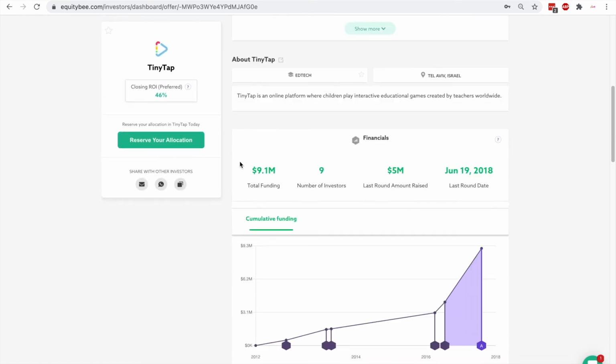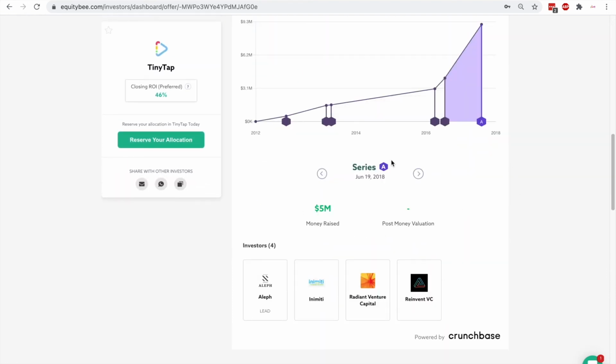And obviously you can see more about the financial aspects. They raised so far $9.1 million. You have the number of non-investors. The last round raised was $5 million, which was in June 2018, for example. So this is for you guys to know.